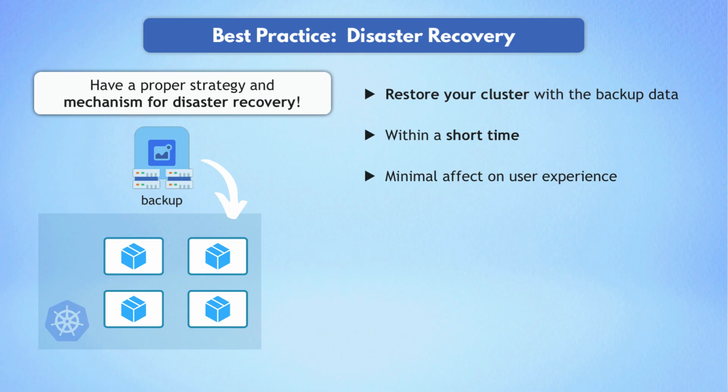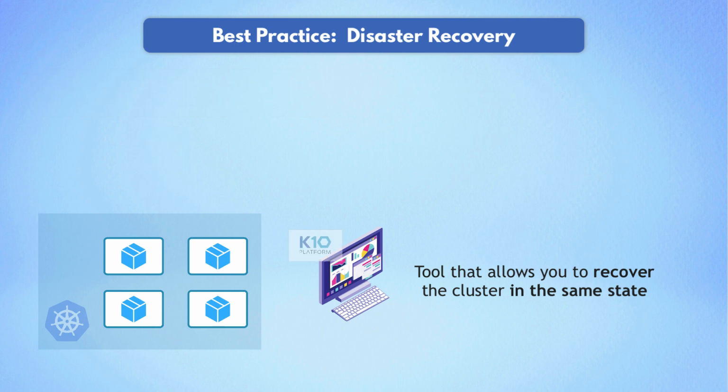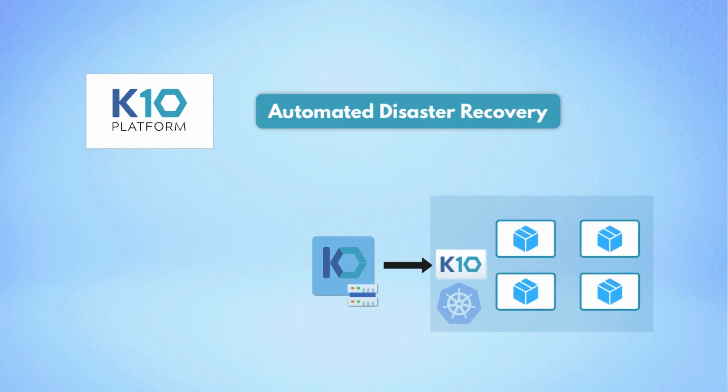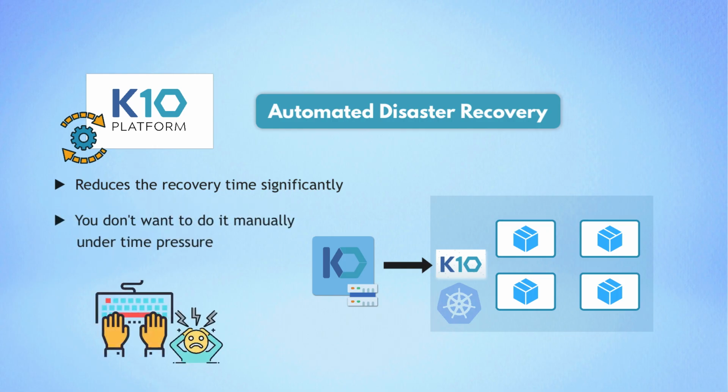And for that, you need a tool that allows you to recover the cluster in the same state with the latest backup. So again, a tool like Kasten K10 has a feature to take the last backup and let you do the disaster recovery in an automated way. And an important emphasis here is on the automated recovery, because in such a scenario, when your system is under attack, you don't want to be manually recovering your cluster under time pressure.